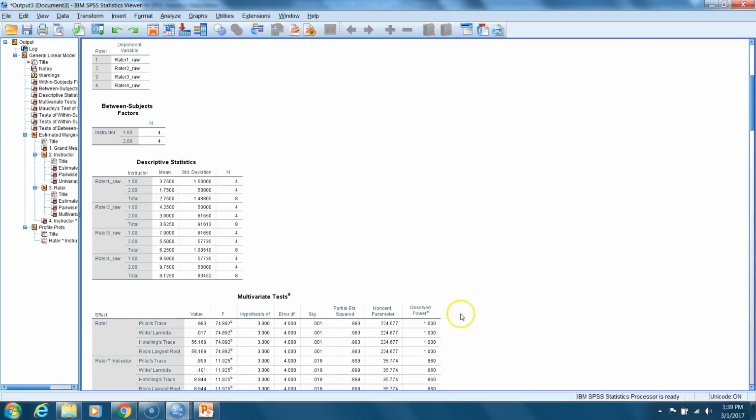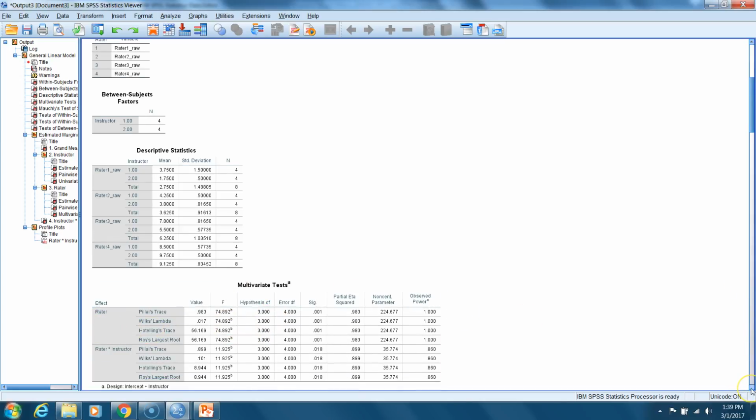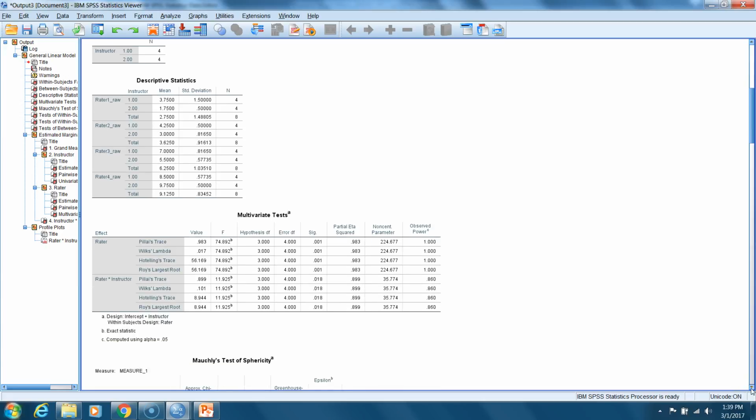So we look at the effect. We can first look at the multivariate statistic, which is given to us in our last video. We looked at the Wilks lambda. That is the F value we're going to look at for our multivariate F value. We go across, we see the rater effect, Wilks lambda. Our F value is 74.89. It is significant. The interaction between rater and instructor is also significant.